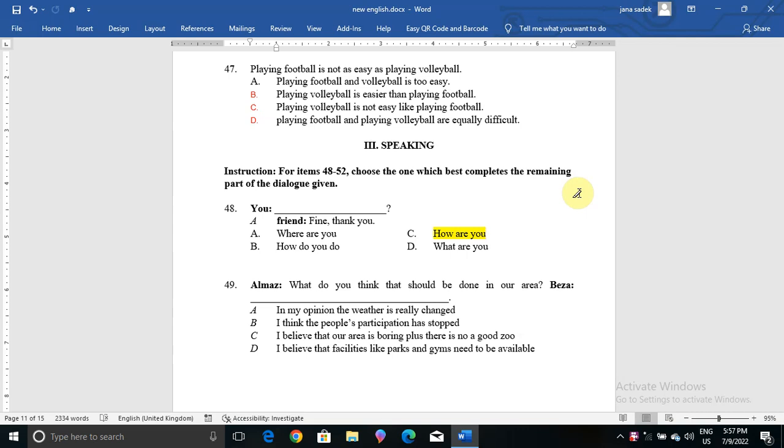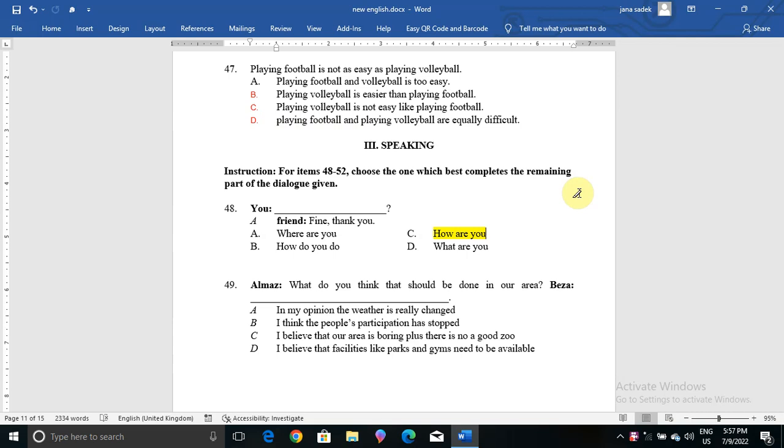Now, Almaz asked Pizza, what do you think should be done in our area? First of all, in my opinion, the weather is really changed. No, it's not something that should be done in our area. It's already really changed and it's a physical thing. So it's not the correct answer.